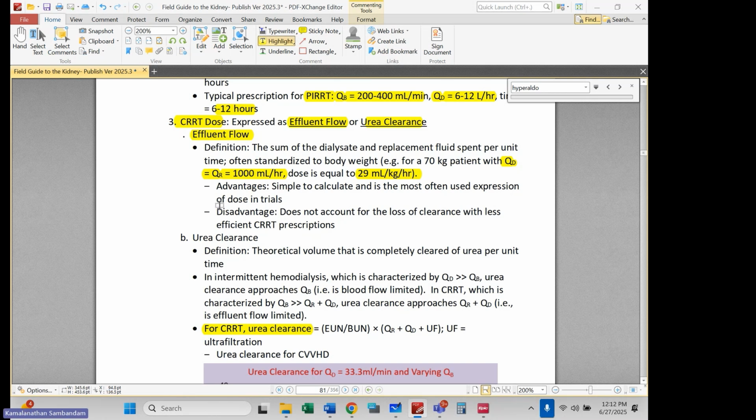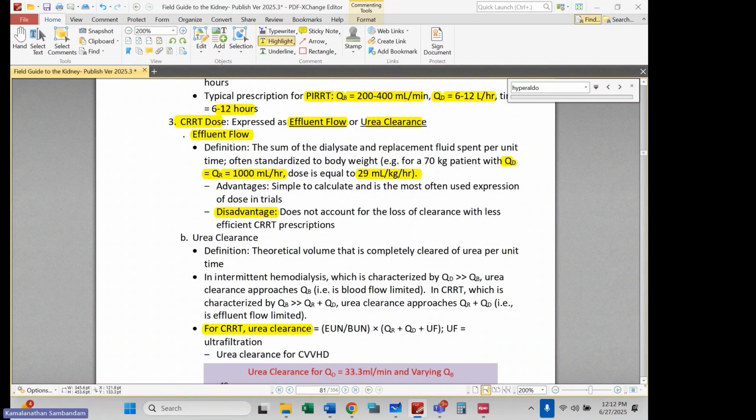Now, the disadvantage of doing that is that you don't account for loss of efficiency. So it matters if you are running 2 liters an hour down the drain. If your blood flow rate is relatively slow, your total clearance may not be 2 liters an hour, but may actually be a fraction of that.